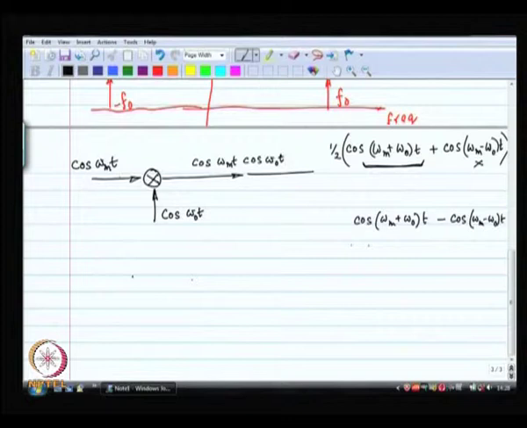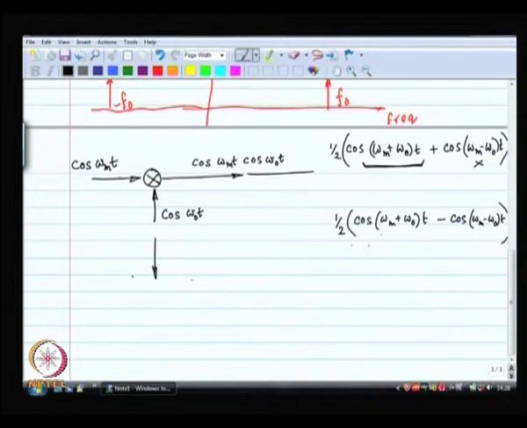If I can generate this new term and I sum the two things, then I have got rid of one. And how do you generate this new term? How do you generate this new thing?